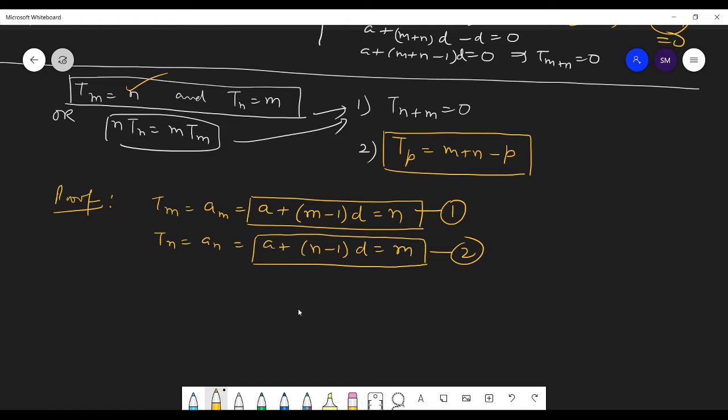So students, if we solve these two equations, can we compare these two equations? Yes.